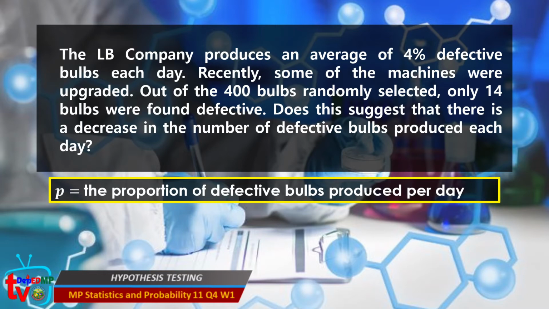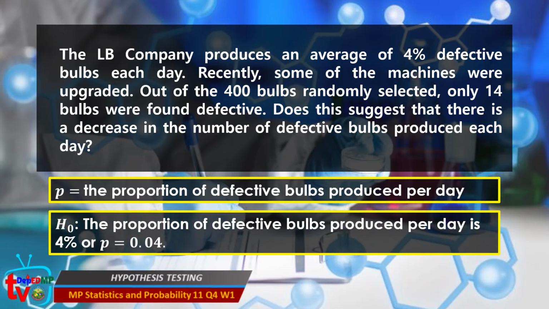Before the machines were upgraded, the average defective bulbs produced per day by the LB company is 4%. Therefore, the null hypothesis is the proportion of defective bulbs produced per day is 4%, or P is equal to 0.04.